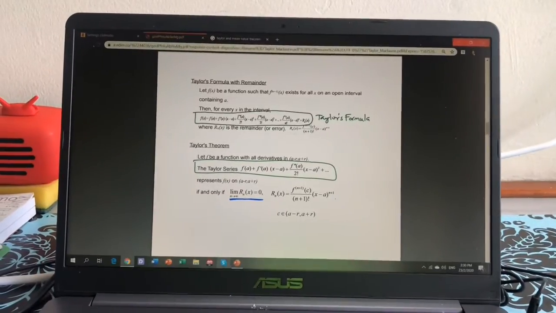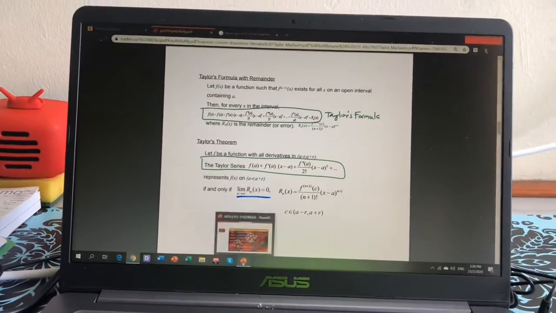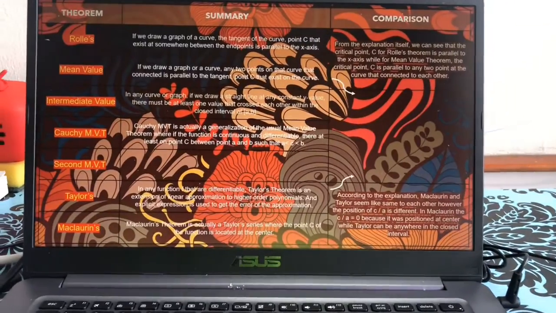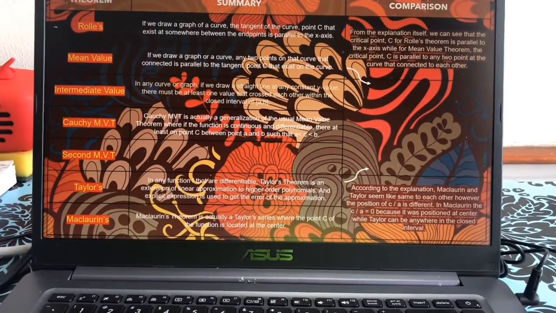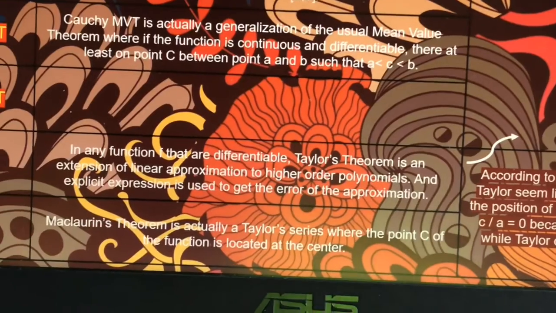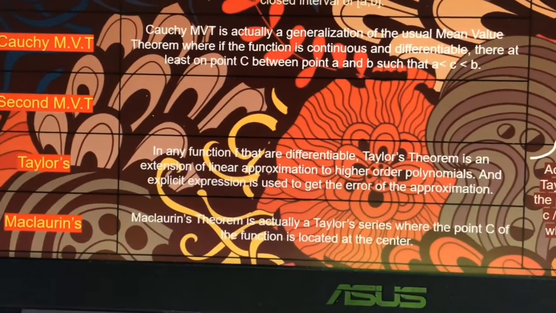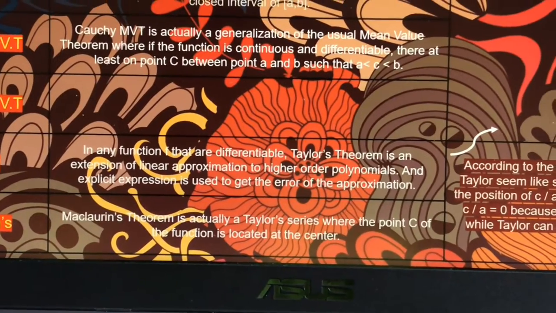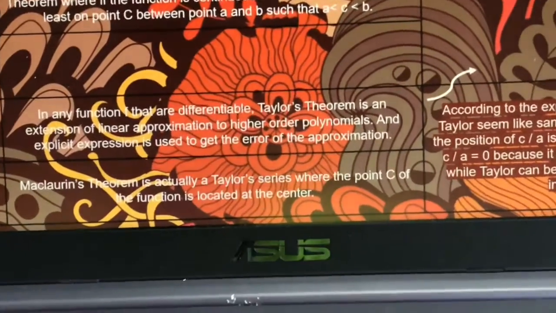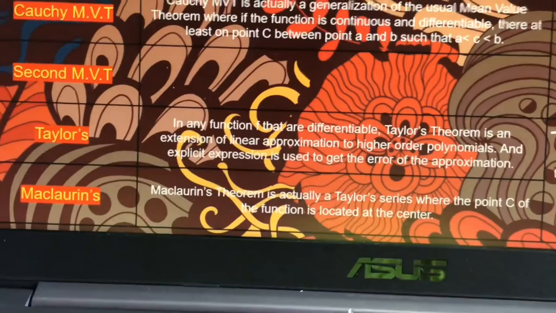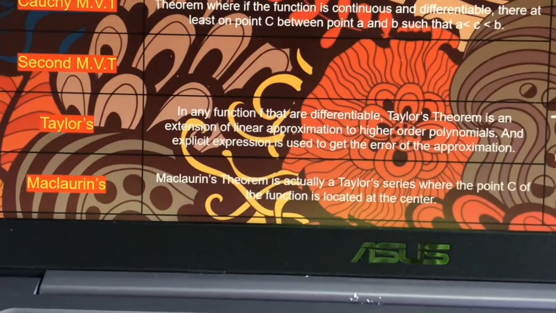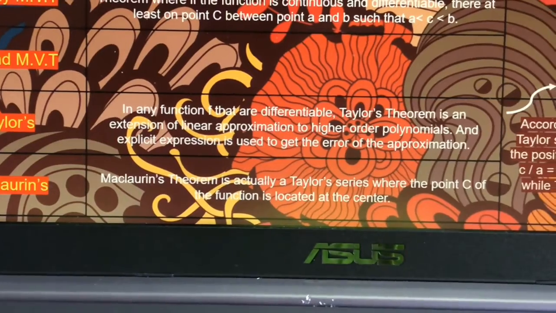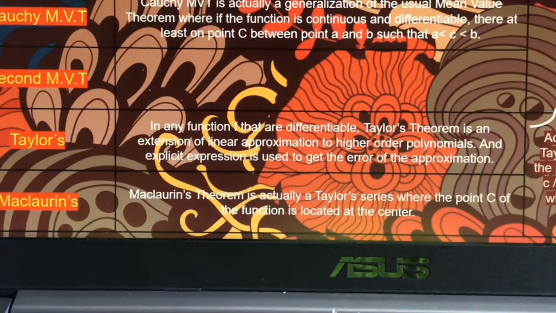Okay, now we will move on to the comparison. So this is Taylor and Maclaurin's. For the summary that I made, for Taylor's, in any function f that is differentiable, Taylor's theorem is an extension of a linear approximation to higher order polynomials.